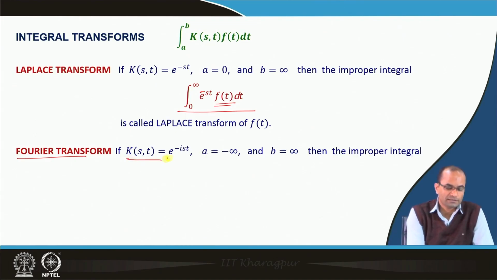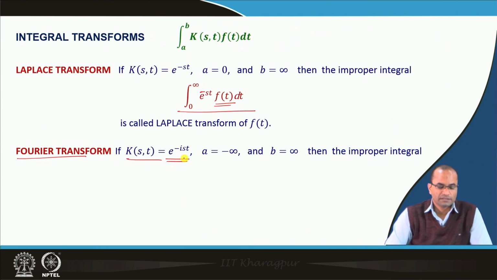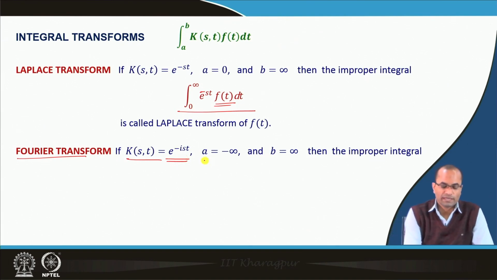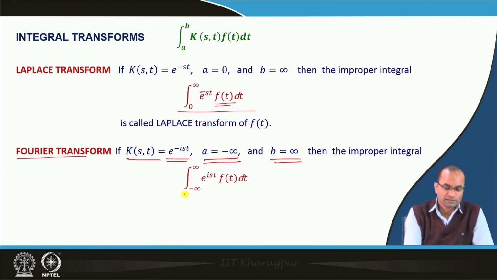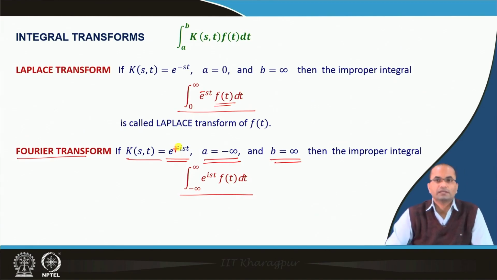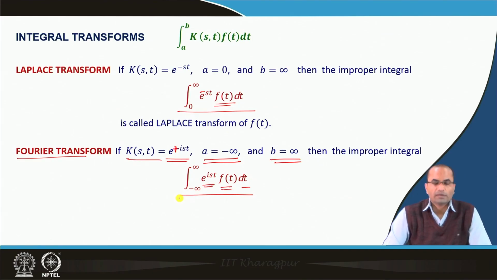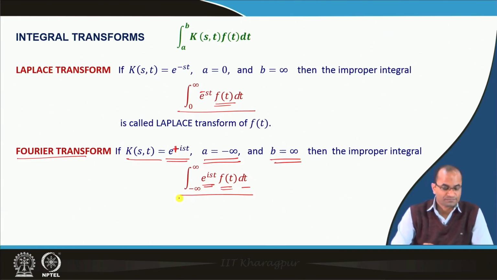Here the kernel is e power s t, where a was taken as minus infinity and b as plus infinity. Sometimes we take the plus sign and sometimes the minus sign, and accordingly the inverse is adjusted. Let us go with the positive sign.